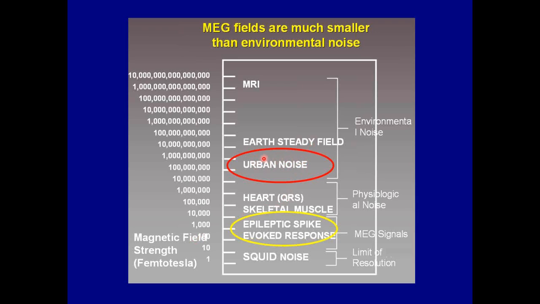The actual noise, electrical noise, urban noise, can be thousands or even millions of times greater than that, including the Earth's steady-state field. So in order to record these small potentials, the MEG has to be measured in a shielded room that absorbs all the extraneous magnetic activity.